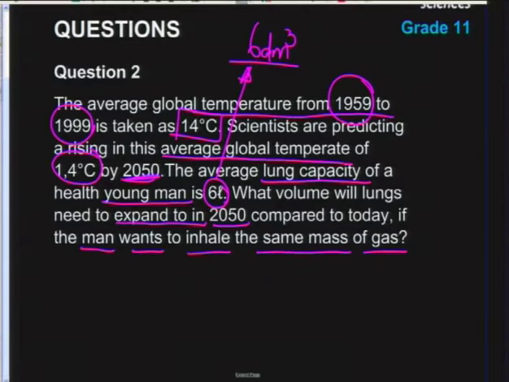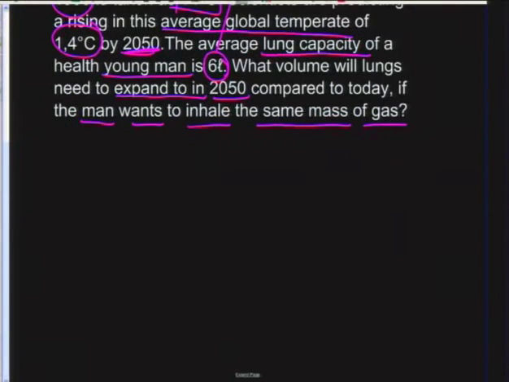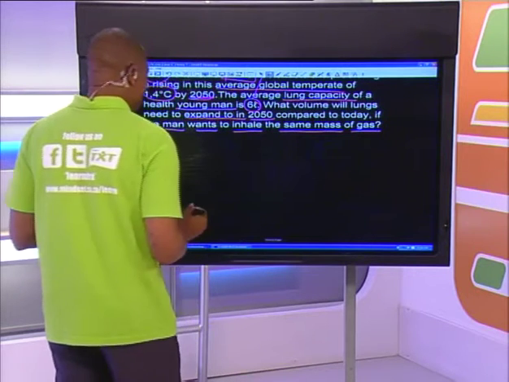This is an interesting question. And because it talks temperature, it talks volume, where can we locate it within the laws of gases? We locate it within Charles's law. That is where the relationship between volume and temperature is shown.